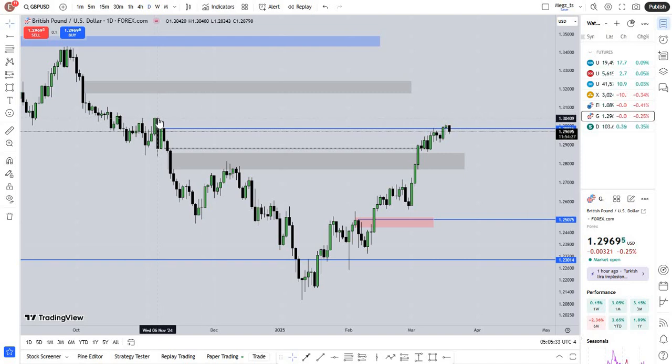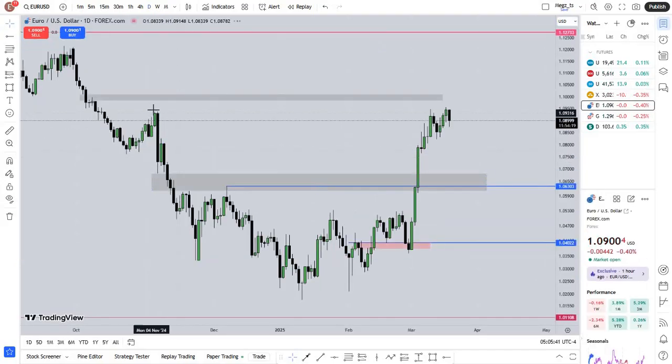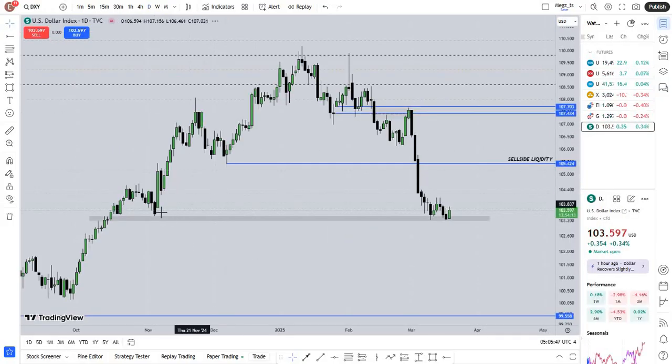The high is still intact on the GBPUSD. The November 6th high was taken on EURUSD. And this swing low was taken out here on the DXY.